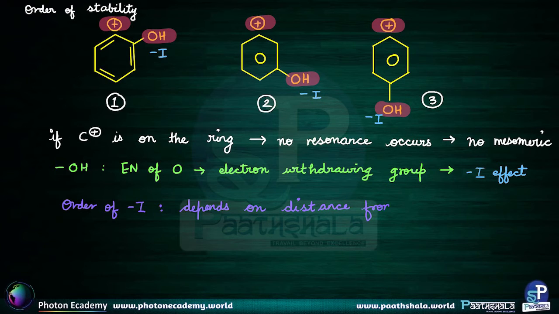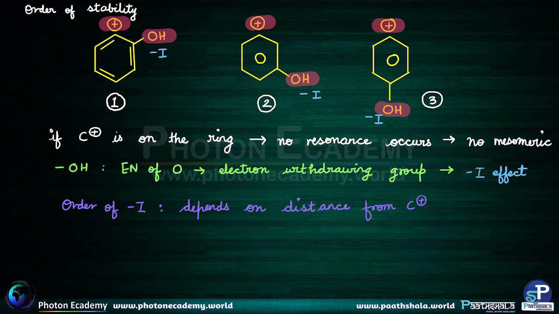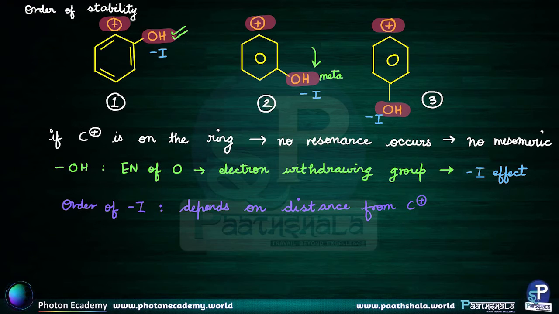So let us compare the distance. In the first case, OH is the closest, so the minus I effect is the closest to the carbocation. It moves a little to the meta position in the second case, and goes on to the para position in the third case.